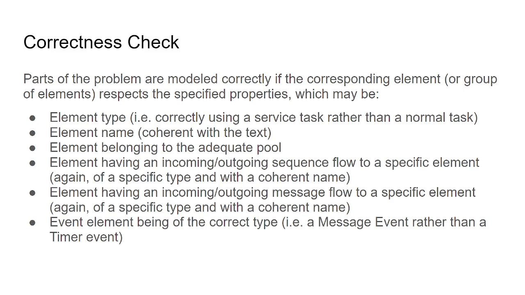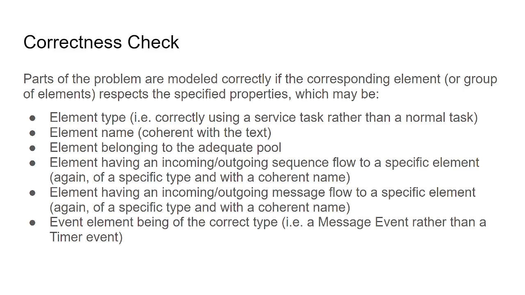For example, you may need to model a task that is sending a sequence flow to another task, and this first task is also receiving a sequence flow from a start event. And also all these elements need to have a correct name. So not only the task needs to have the correct name, but also the start event that sends the flow to this task needs to have a correct name, and the task that receives a flow from the first task needs to have a correct name.